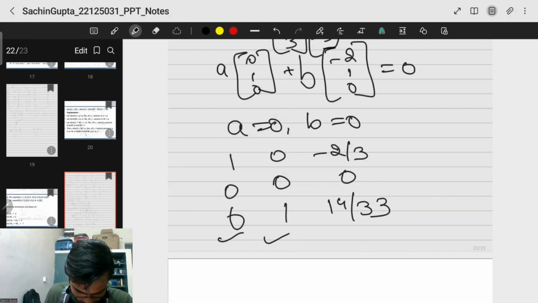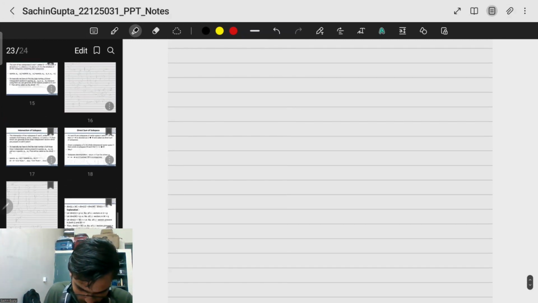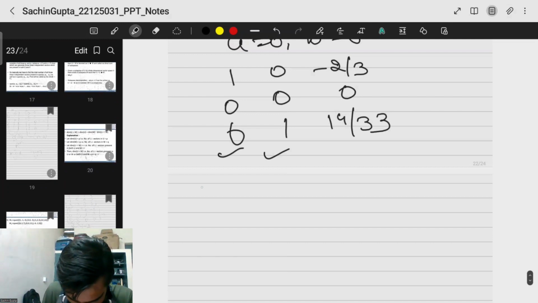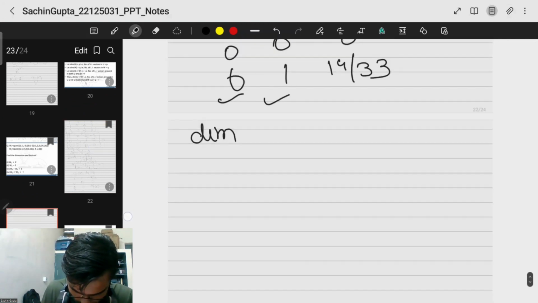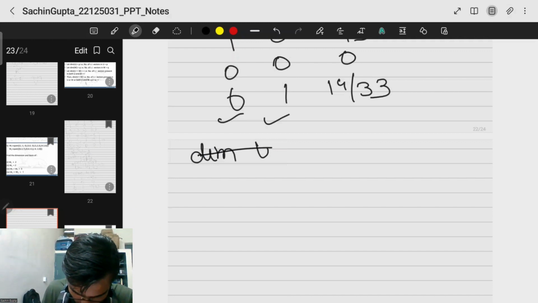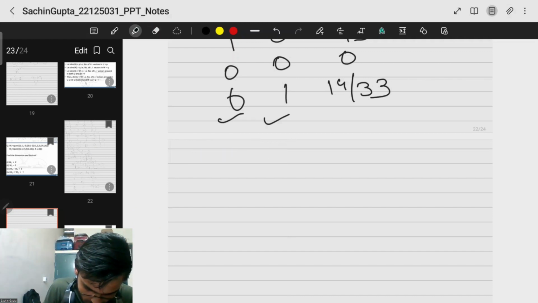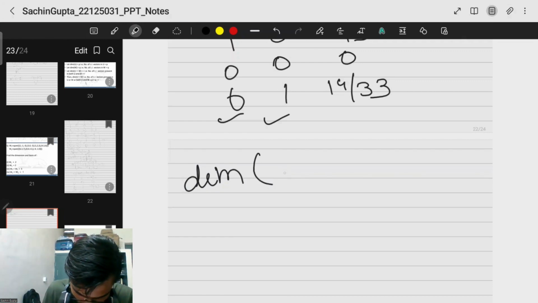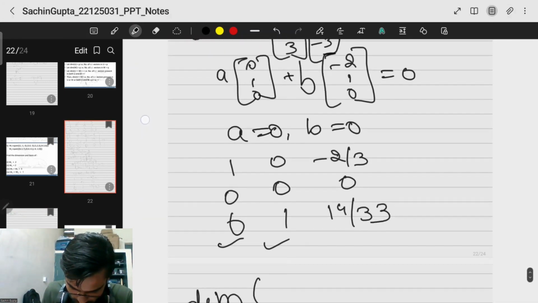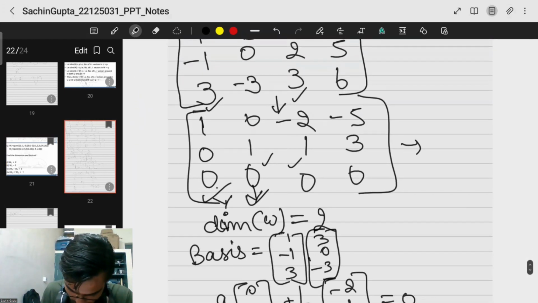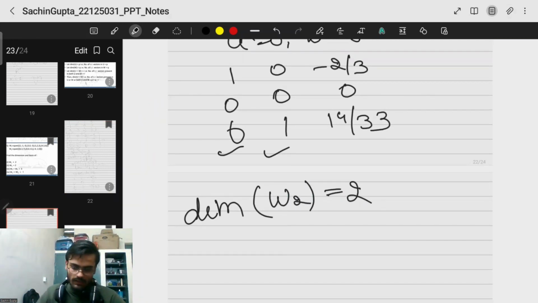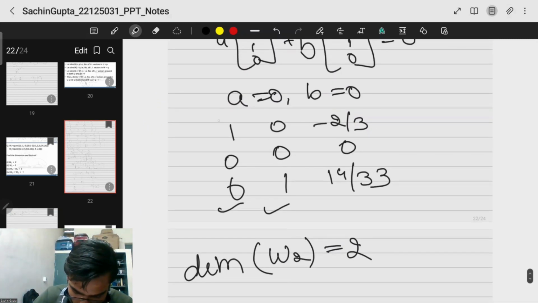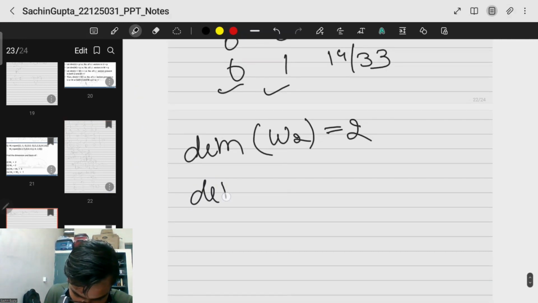So dimension of W2 is also equal to 2. And the basis can be first and second, first and third, second and third, all can be the basis.